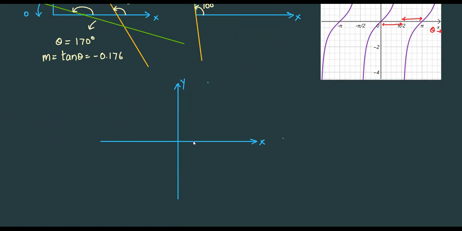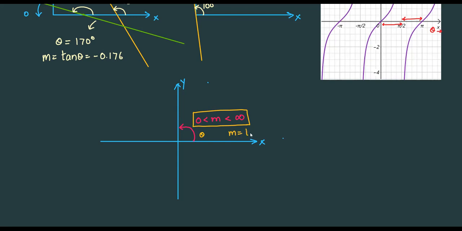Slopes. So M ranges from 0 to infinity here, in this positive region. It depends on theta, right?